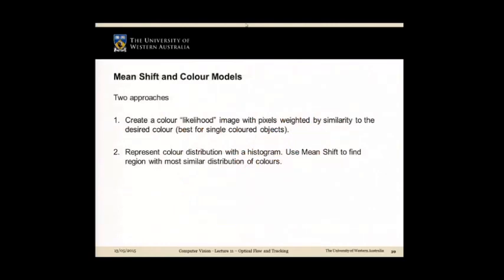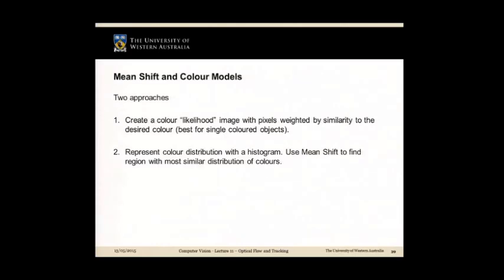Now there are different ways to perform this mean shift. For mean shift and color models, there are two approaches. One is to create a color likelihood image with pixels weighted by similarity to the desired color, best for single-colored objects. So you have an object with one specific color, and you have the information about that particular pixel or center of the object, and you try to bring it close to the mean of the data for tracking purposes.